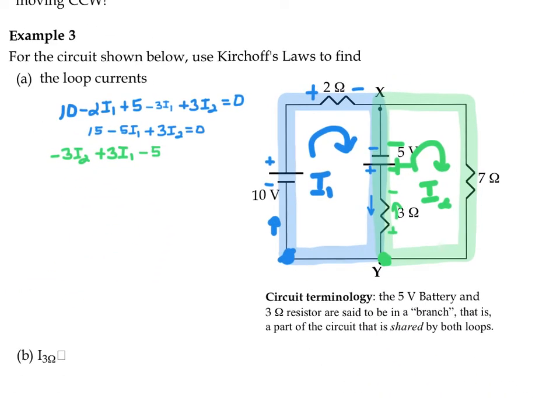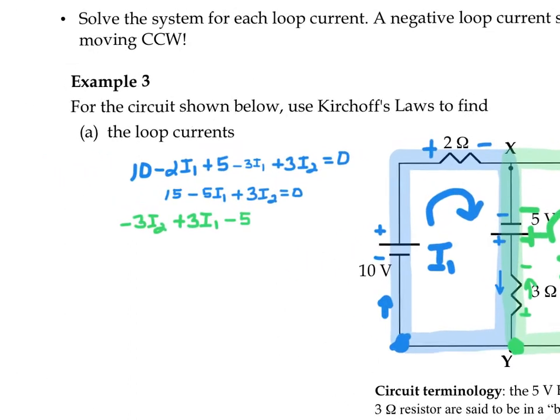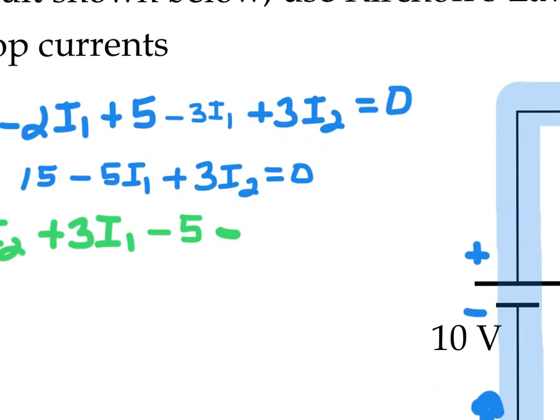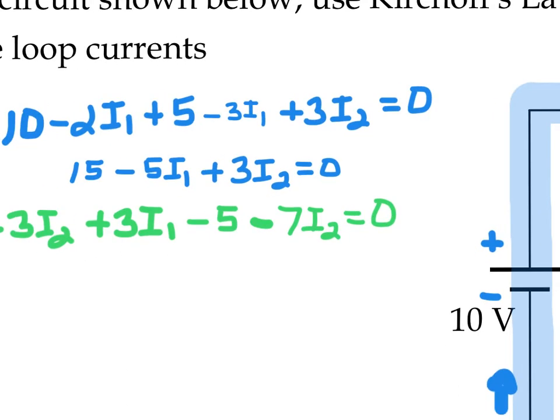And then I get over here to I2, or rather it comes around to the 7 ohm resistor, and the current is going through here, I2 through there, so we see that the electric potential is going to be decreasing as we go through there. So let me subtract my 7I2. And then I'm back where we started, so that has to equal 0.